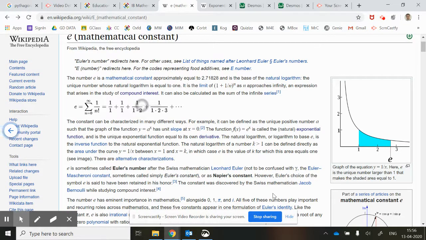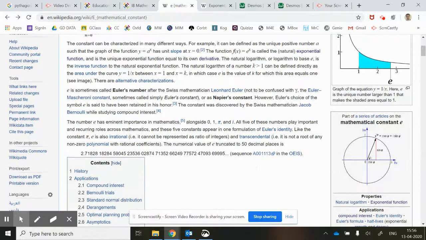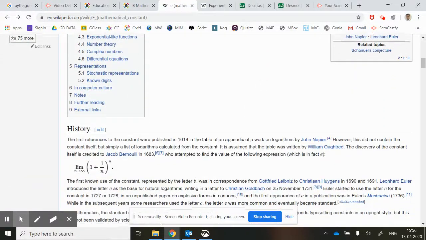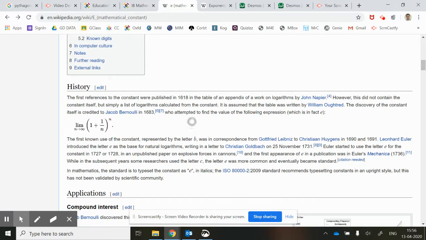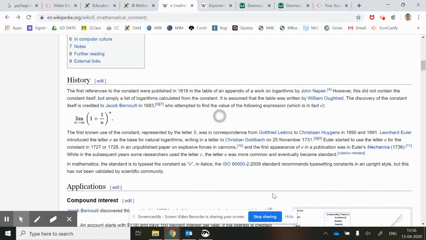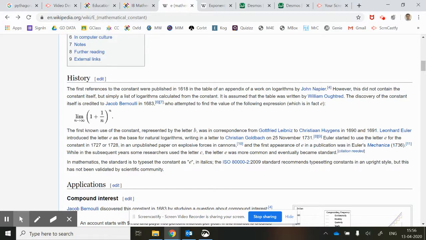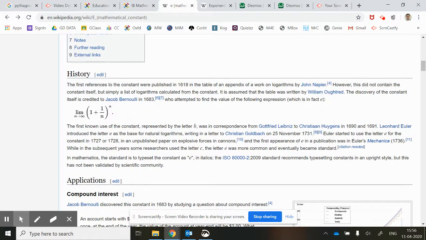There's one way of expressing it, but there was another way, which was developed by Bernoulli, back in the 17th century, and that's this way here: the limit as n tends to infinity of 1 plus 1 over n, to the power of n. And again, you could set this up on Excel perhaps, tending n to a large number.